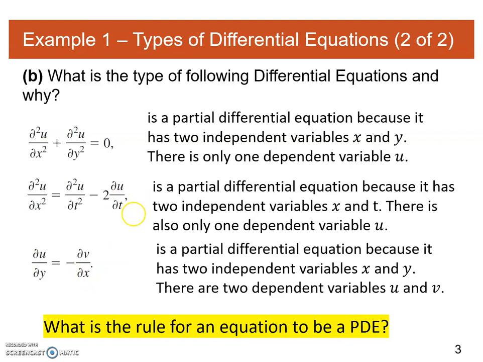This discussion is only for identification purposes. There will be some use of partial differentiations later on in the solution of the ordinary differential equations, but the main discussion will be only related to the ordinary differential equations.